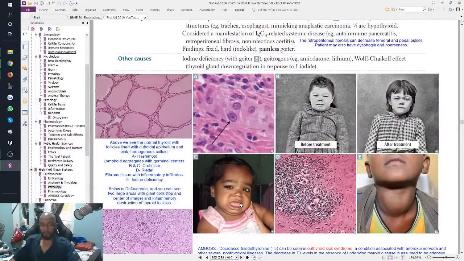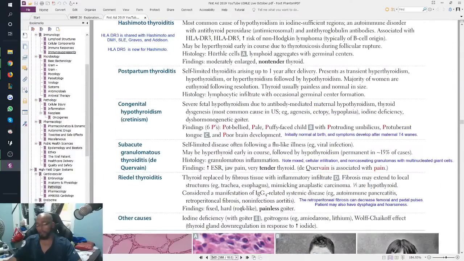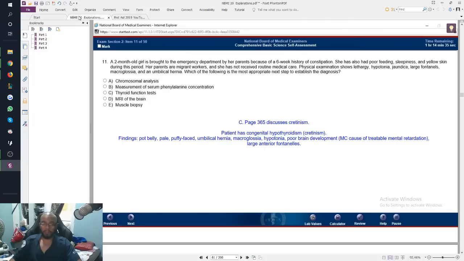This is exactly what is being described in our question too, and it's the 6 P's: pot-bellied, pale, puffy face, protruding umbilicus, protuberant tongue, poor brain development, because the thyroid is related to everything, and that's what this baby has. So why did it take so long for the constipation to kick in? Because the maternal thyroid hormone was there in the beginning. Once the maternal thyroid hormone ran out, now the baby is exhibiting symptoms of hypothyroidism, cretinism. Okay, so you would just do thyroid function tests and you're done.